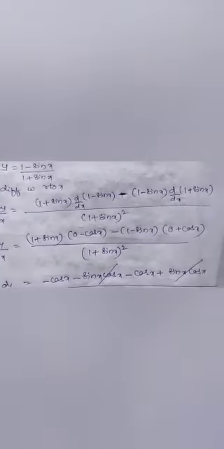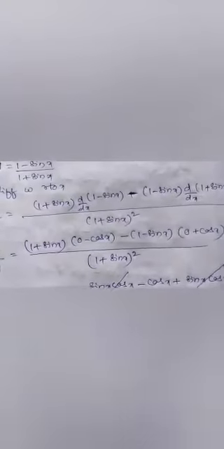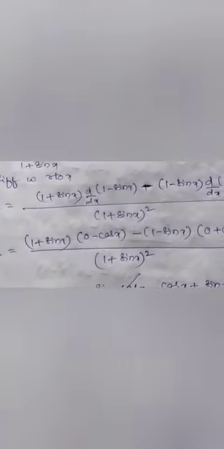1 plus sin x as it is, differentiation of 1 is 0 and minus as it is, differentiation of sin x is cos x, minus as it is 1 minus sin x as it is, differentiation of 1 is 0 plus differentiation of sin x is cos x, divided by 1 plus sin x whole square.